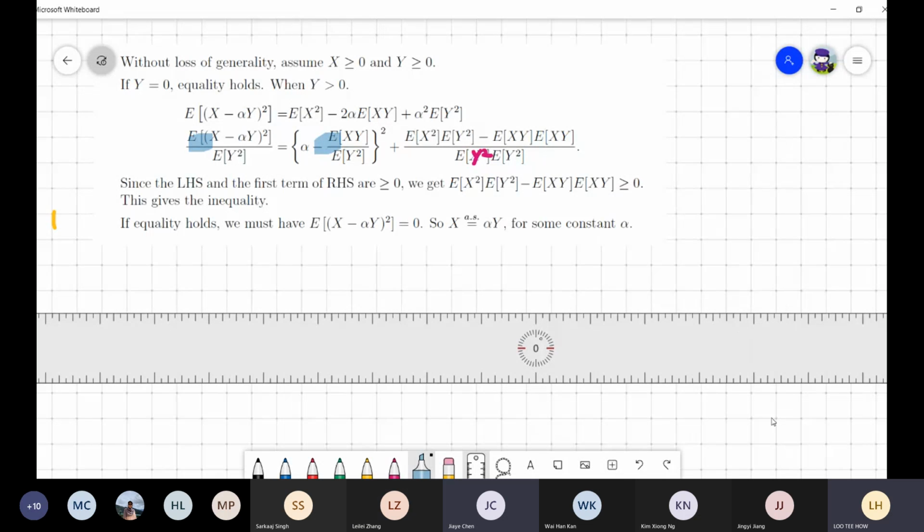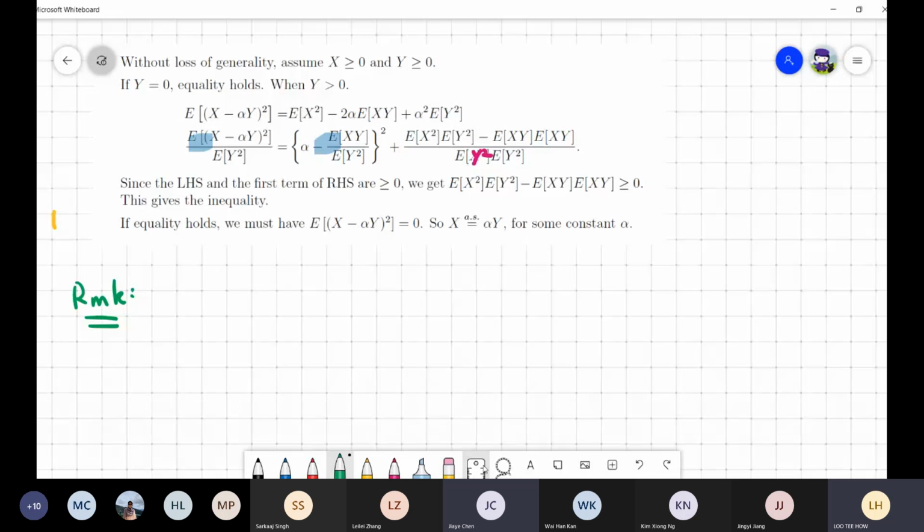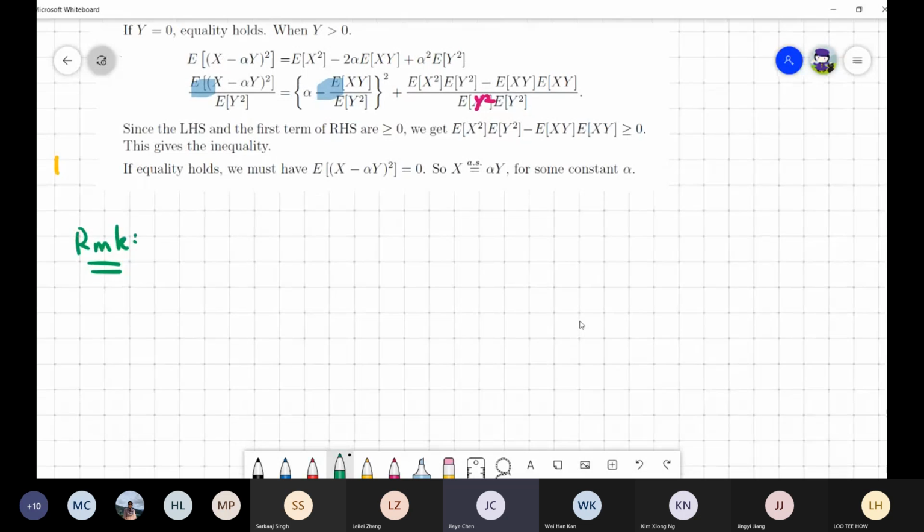I think I may have discussed this before. Maybe just a remark for you guys. That's the meaning. What you can do is replace it.